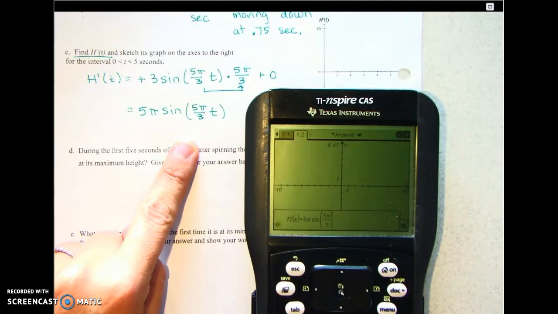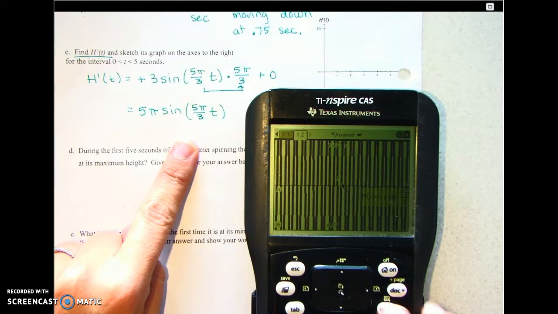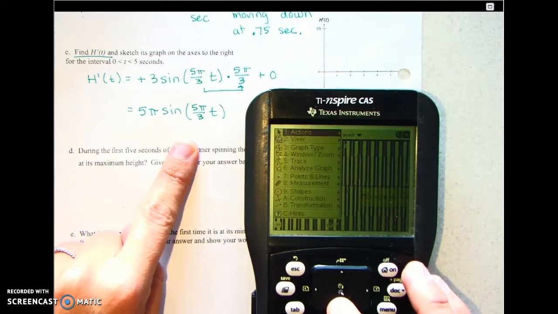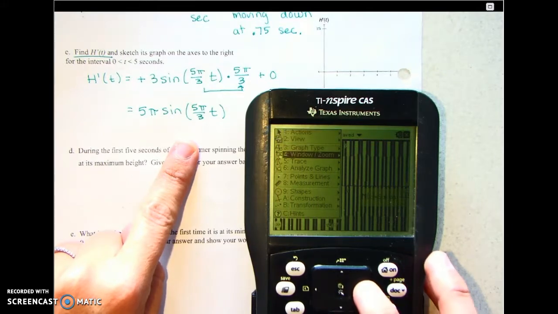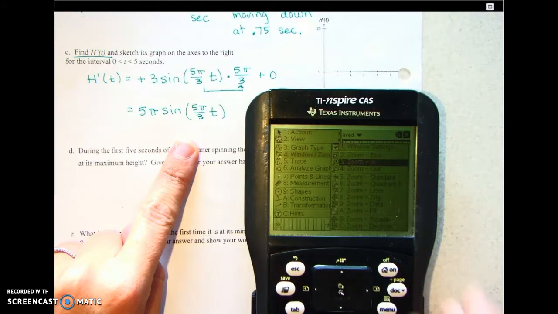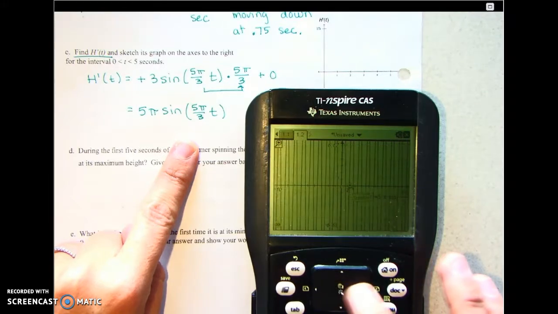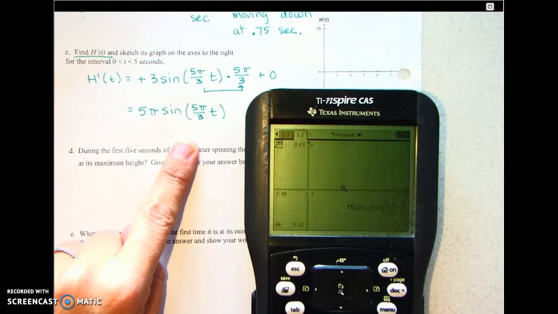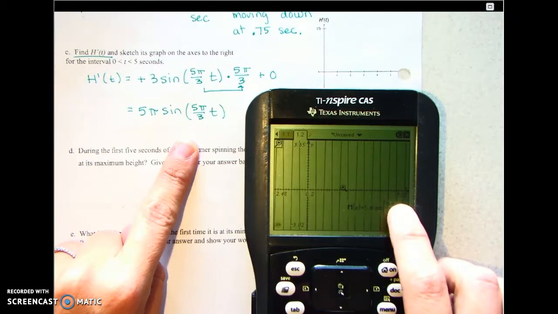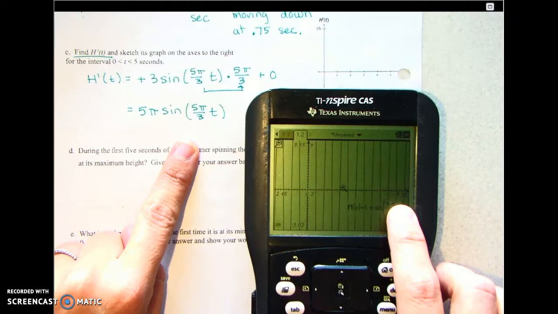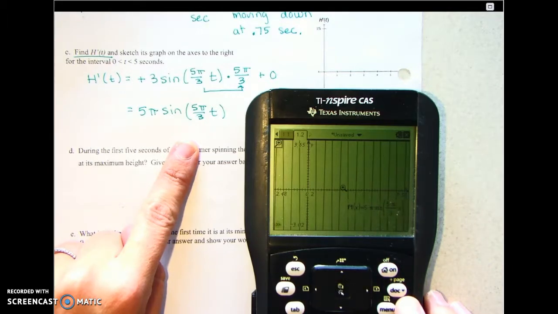I can't use t because the graph says x, so I'm going to use x, okay? And, oh dear, that's just way too crazy, and I only need it from 0 to 5, so I'm going to zoom in over here and press enter, and I'm at 0 to 7.5.